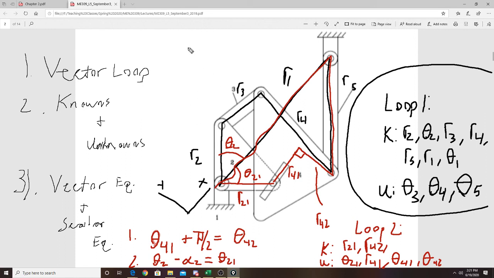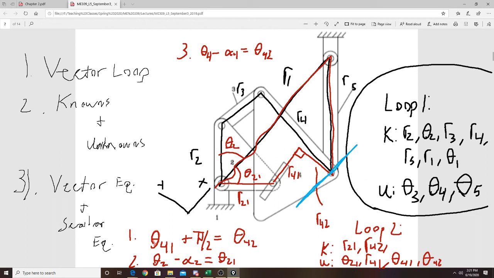Here, I'll just write it. It'll make a little more sense if I do that. So it's, I think, theta 4 minus alpha 4 is equal to theta 4,2. And if you draw the coordinate system, I know it'll make things a lot easier, but the coordinate system is like here, right? How we drew it.